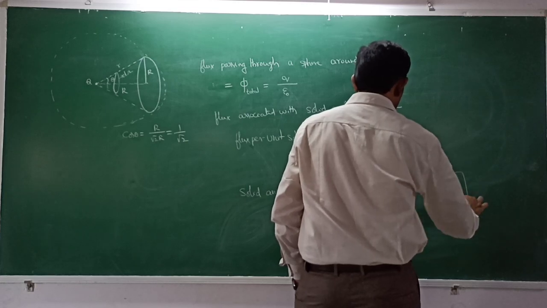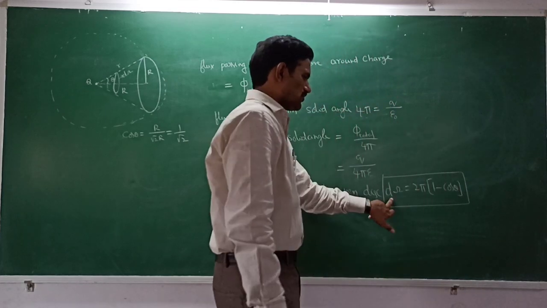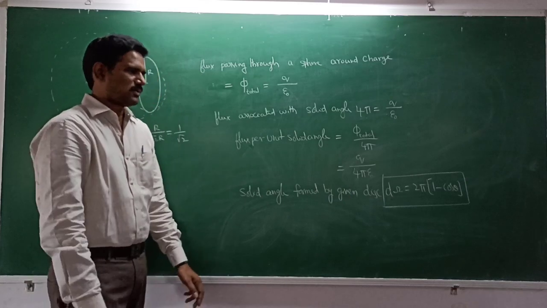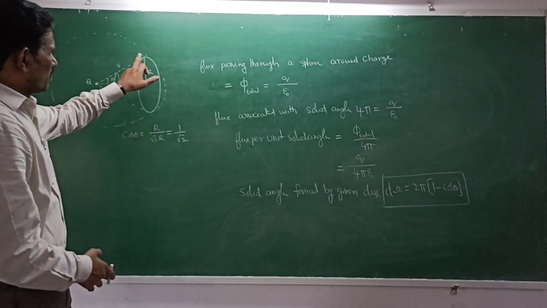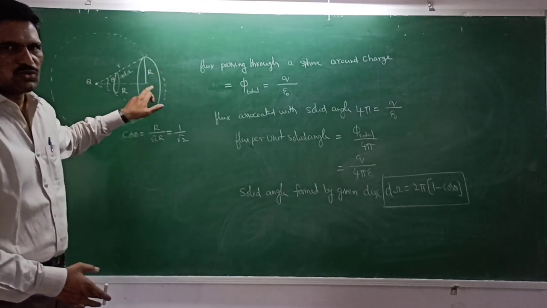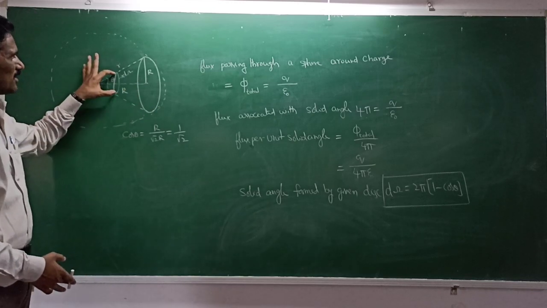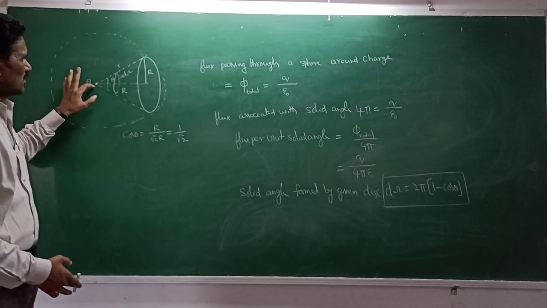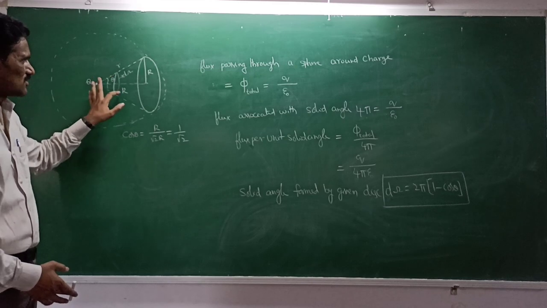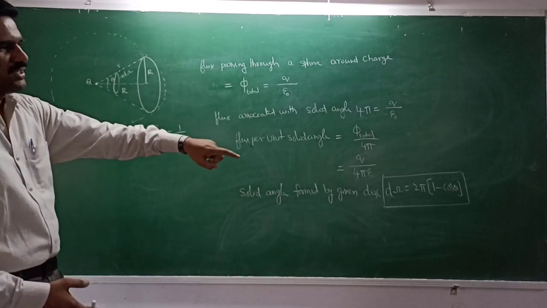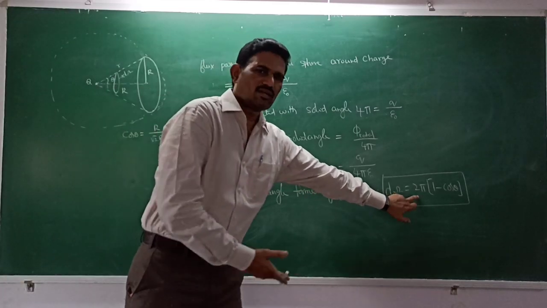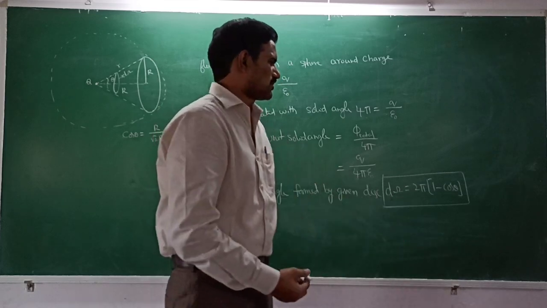This is the formula we derived previously, the relation between solid angle and plane angle, right? If you are taking this disk as the base of the cone, then the solid angle is subtended by the disk at its center, that is, at its vertex. That solid angle we are taking as d omega. And this relation I am directly writing here from the previous derivation.